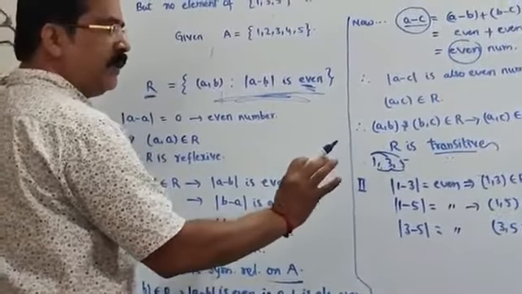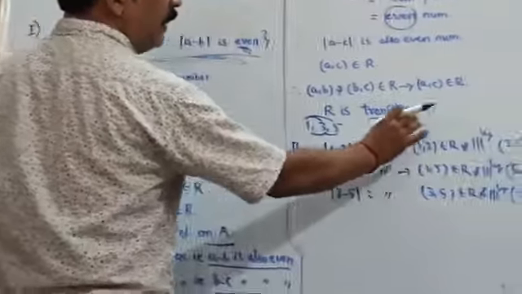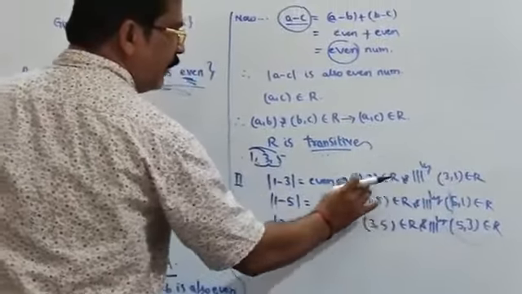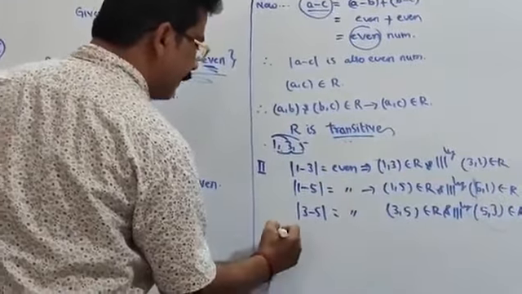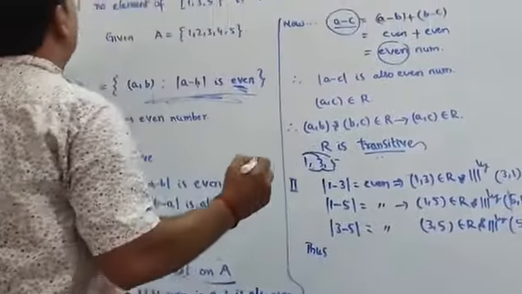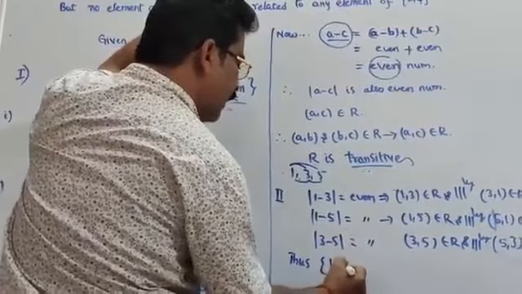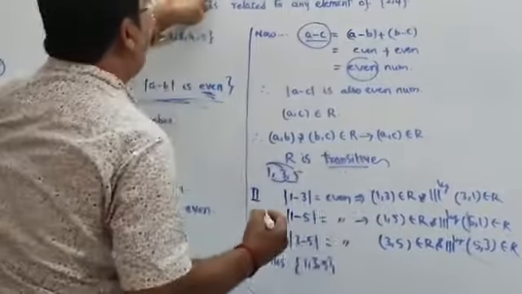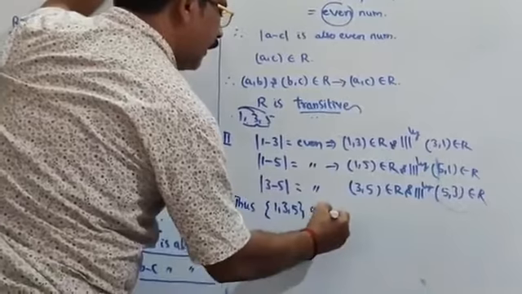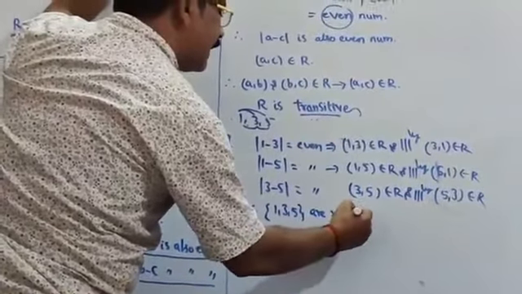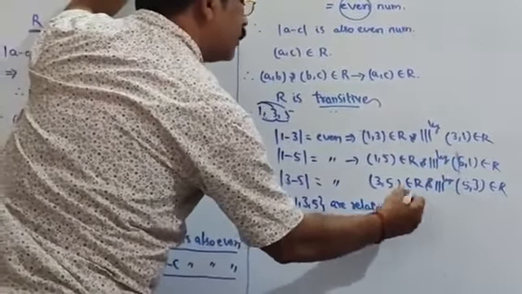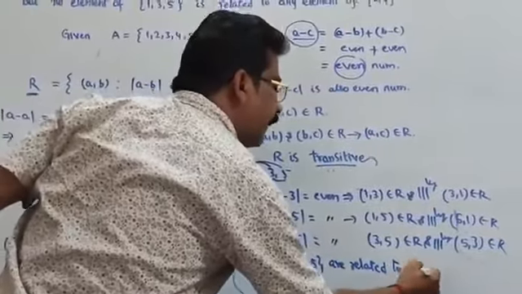All are even numbers, therefore all the ordered pairs belong to capital R. Thus the set {1, 3, 5} are related to each other.